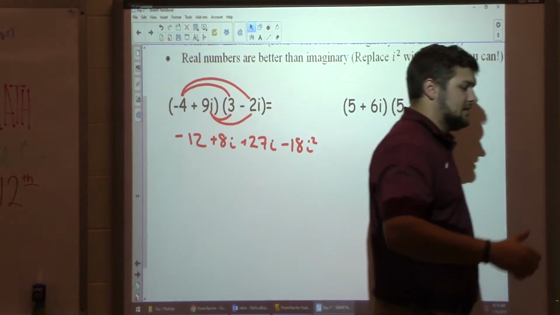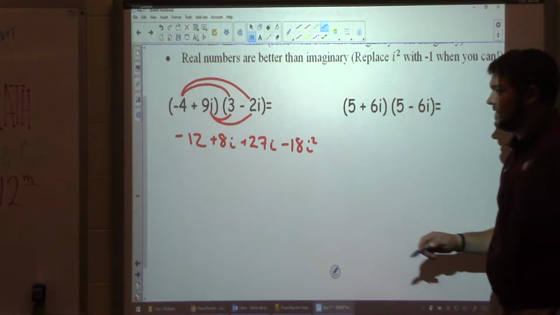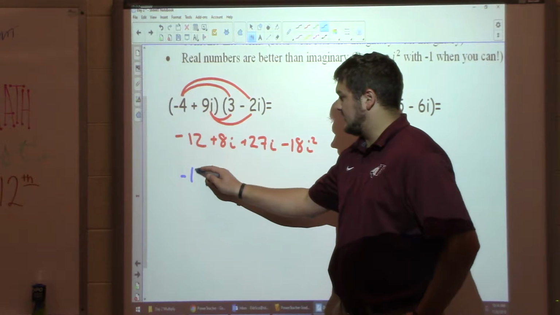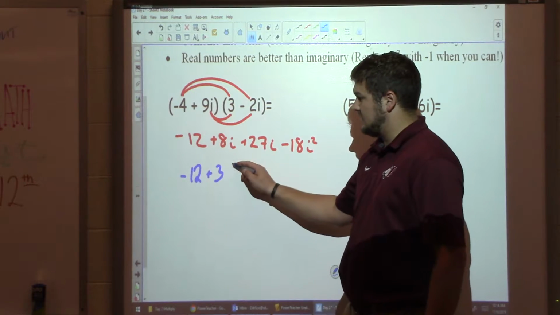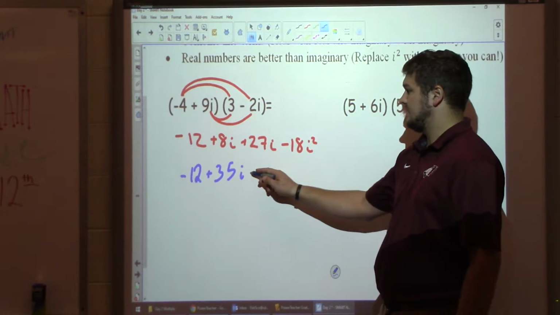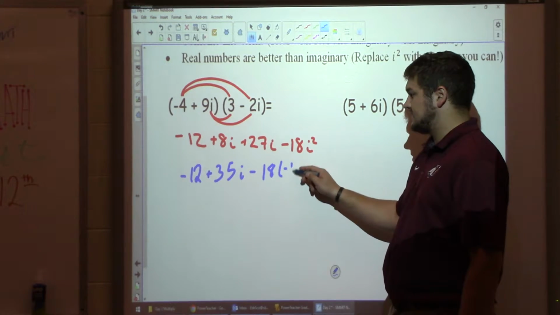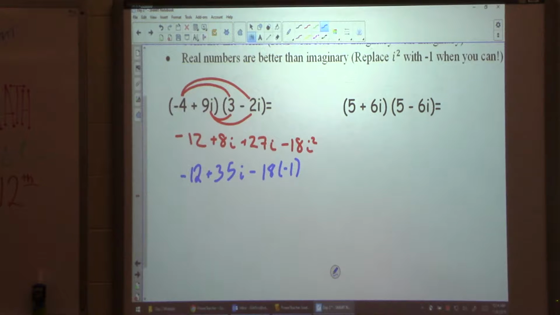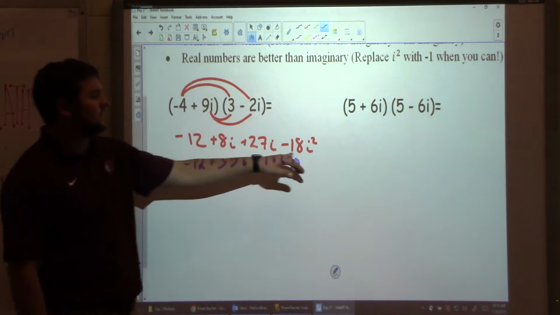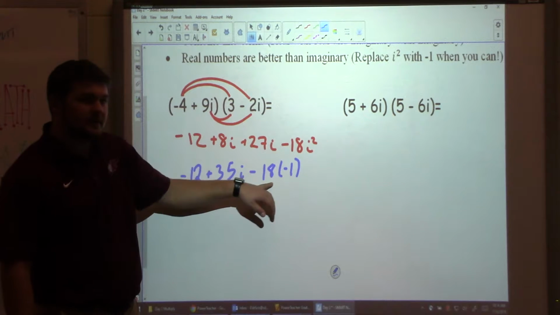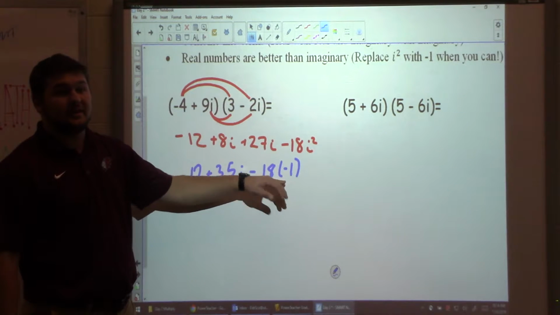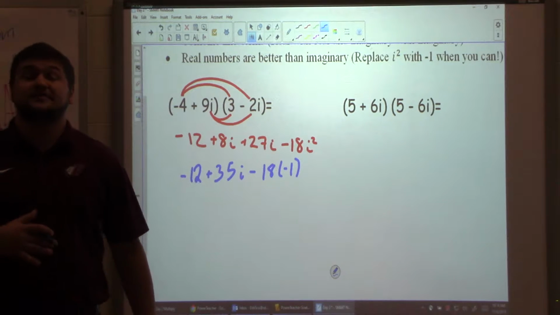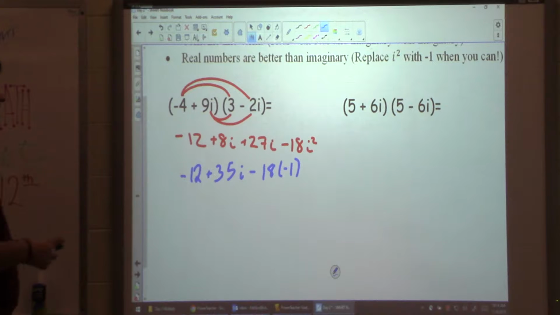So remember that first step was to do what? Combine like terms and change i squared to -1. So negative 12 plus 35i minus 18 times -1. Hey guys, as you get better at this and you realize that i squared is -1, do you think you have to write out this part? I'm not sure. Probably not. You can just do 18 times -1, that's fine with me. I'm going to write it out though.